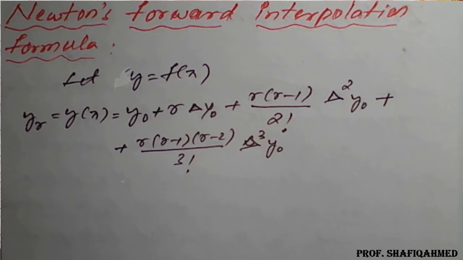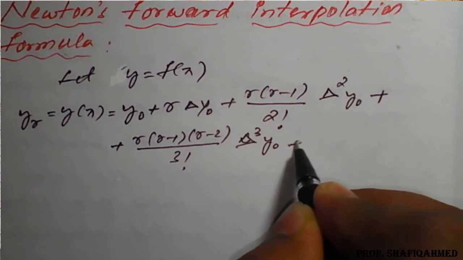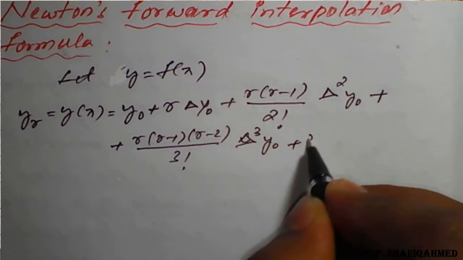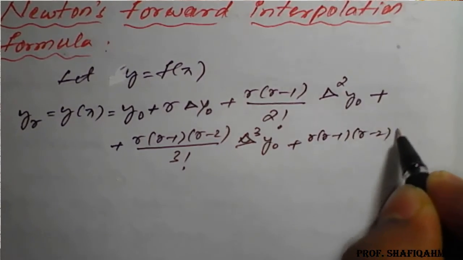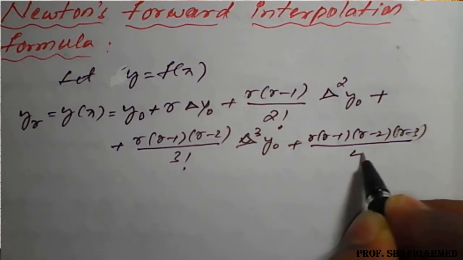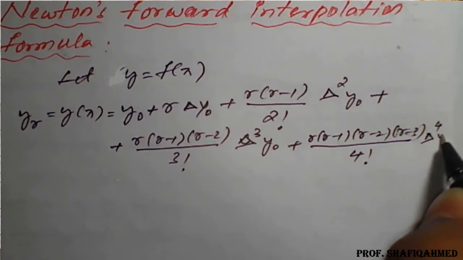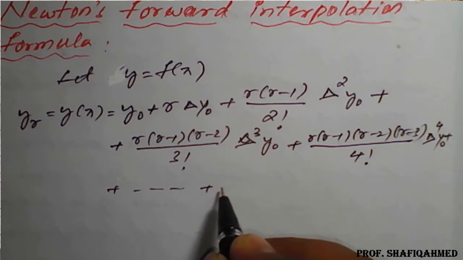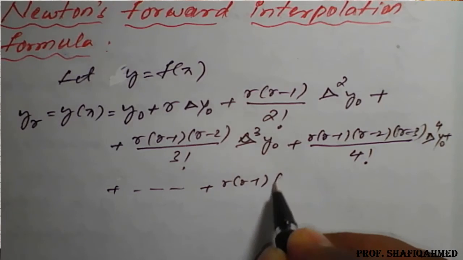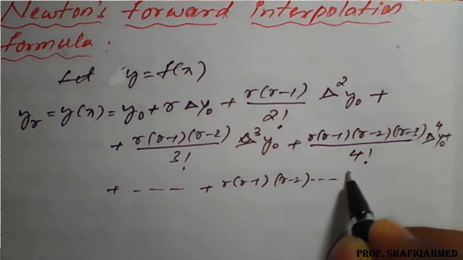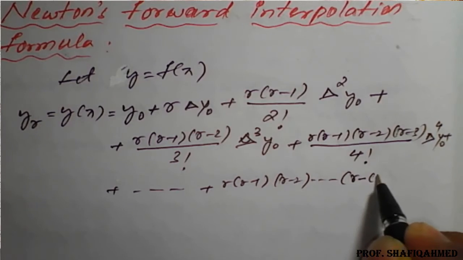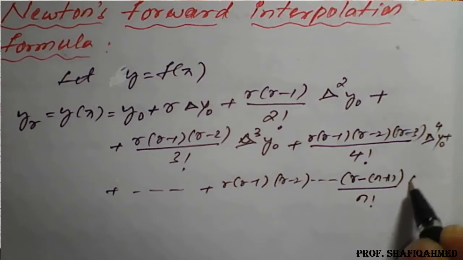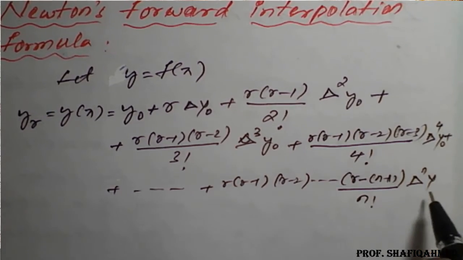plus the next term: r into r minus 1 into r minus 2 into r minus 3 divided by 4 factorial of delta 4 of y naught, plus so on, up to r into r minus 1 into r minus 2, so on, r minus of n minus 1, divided by n factorial of delta n of y naught.